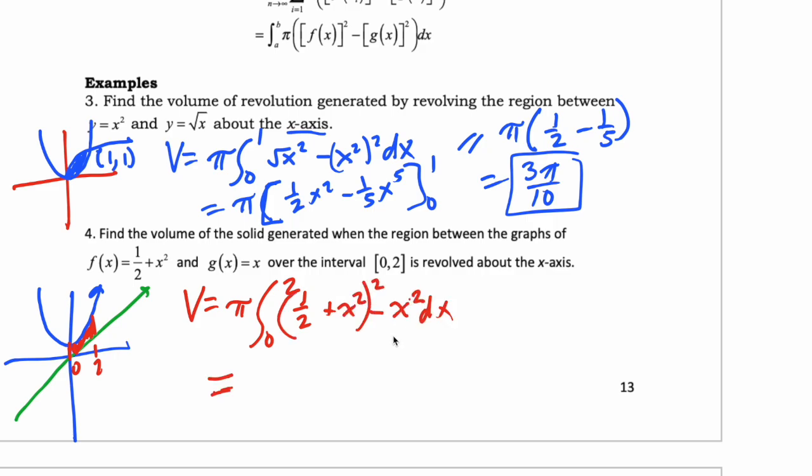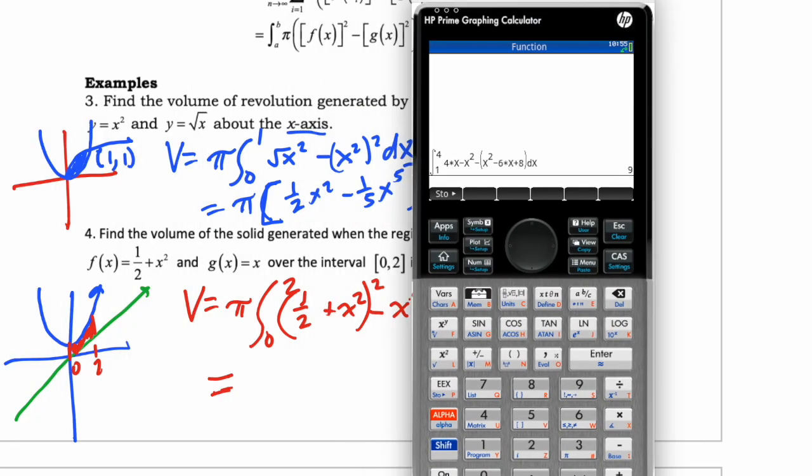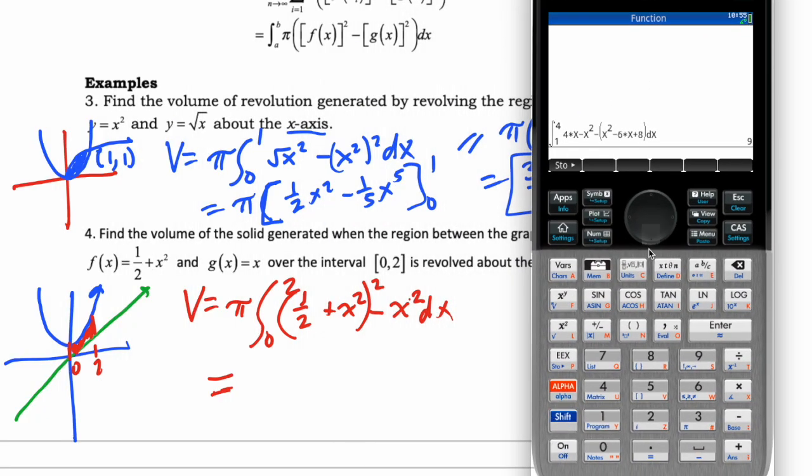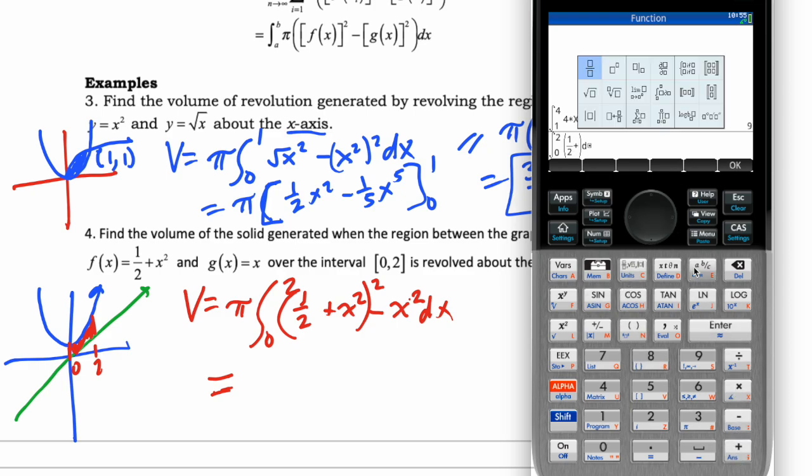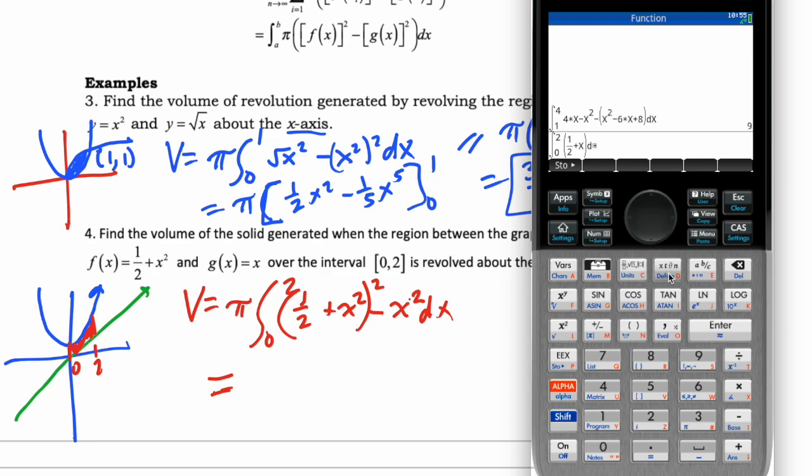If we do that, let's just do that whole thing on the calculator. Let's click here and here, and then we've got 0 to 2, and we got half plus x, plus x squared, squared again, and then minus x squared.